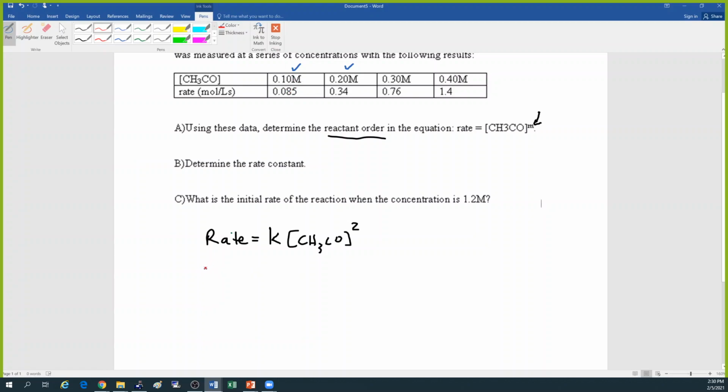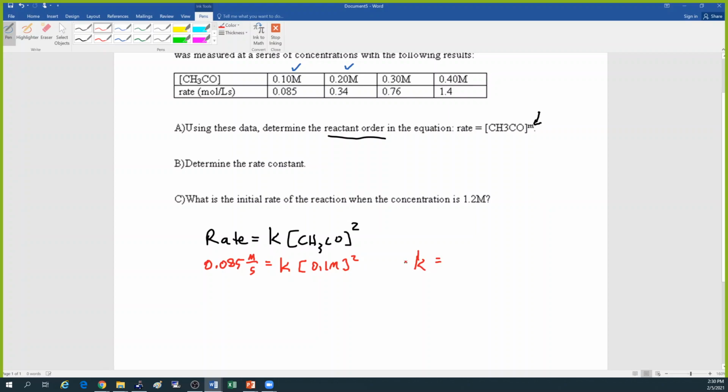This is 0.085 molarity per second equals this k, and then in this case we're tying to this concentration, which is that molarity, and then squared. So all we have to do now is the math. And if you square this, you get 0.01, and if you divide it over, here's what happens.